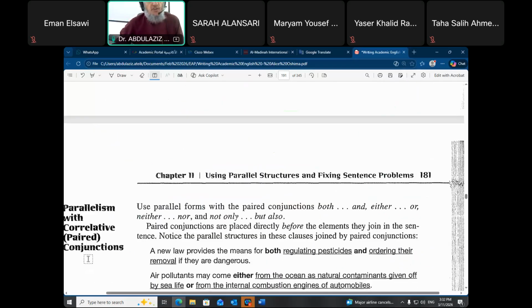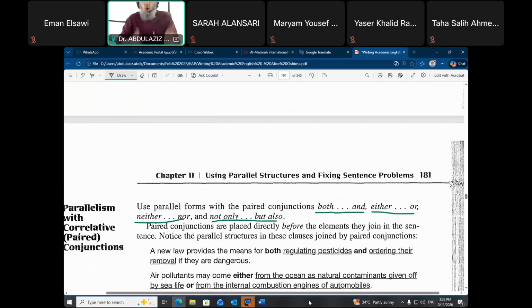Parallelism with correlatives. These are called correlatives. Both and. This one is one correlative. They come together. Both something and something.